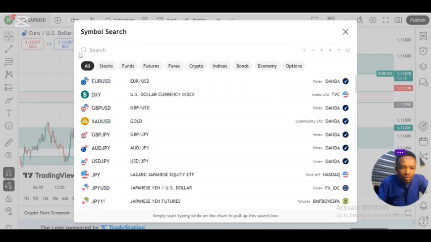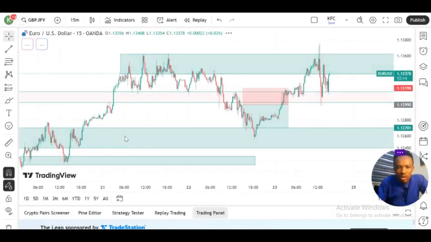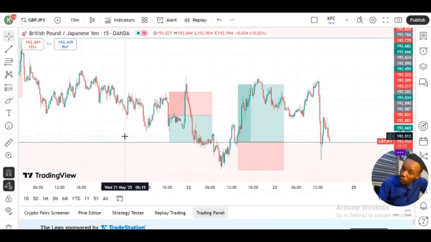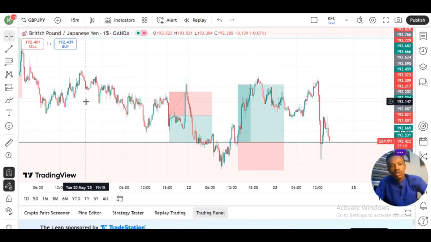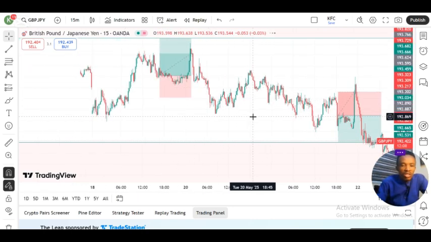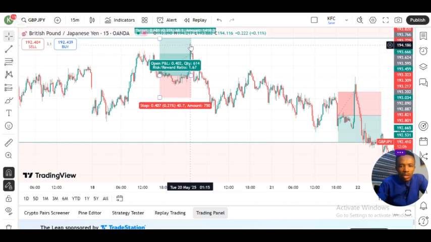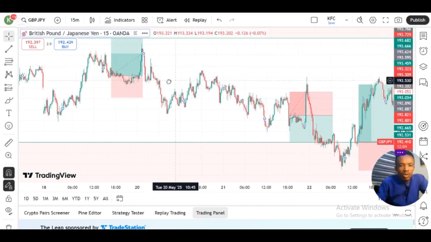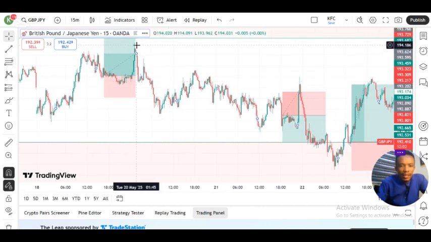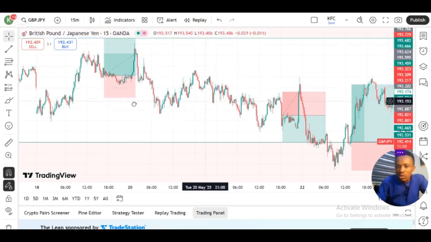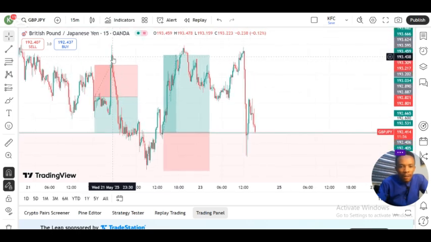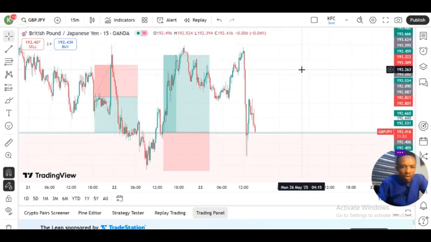Okay, so the GJ is for the free community, so let's discuss it. Henceforth we are going to be paying attention to GJ. The first GJ entry went halfway. I didn't close, I didn't take partial on that, so it didn't hit take profit, it returned back and went to hit stop loss. The second one hit stop loss, and I think that's 40 pips loss.